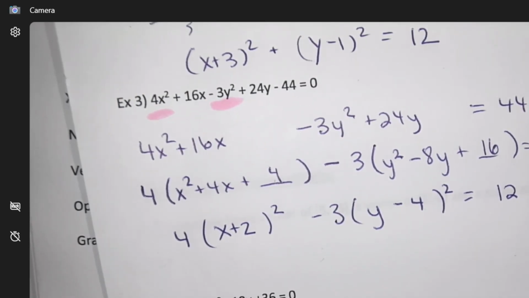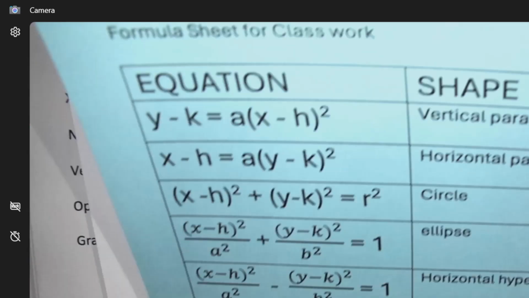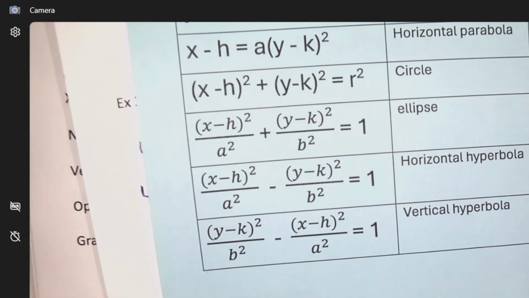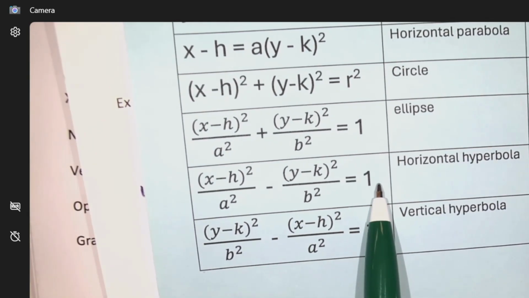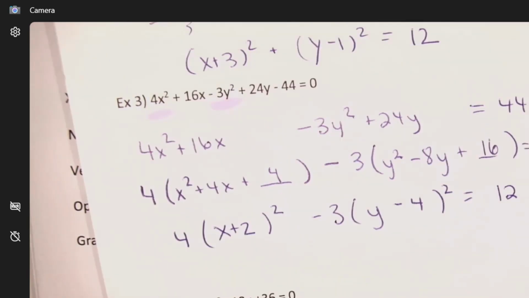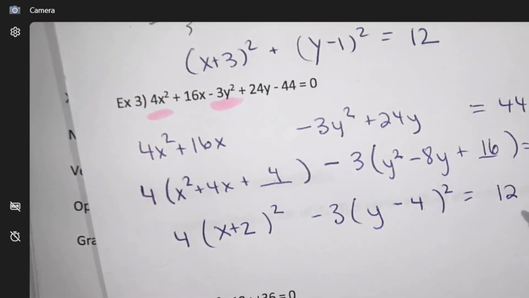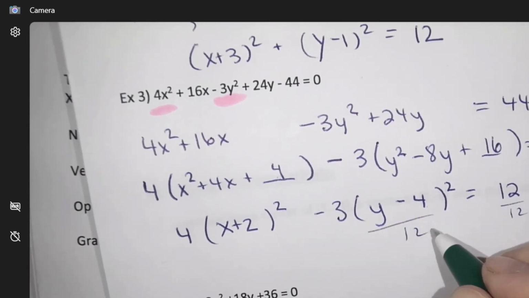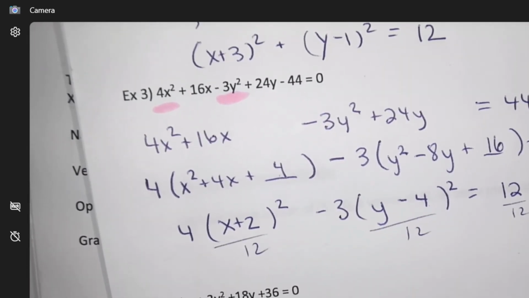Okay, now here's my hyperbola stuff. I need to make it look like a 1. It has to end with a 1 here. So what should I do as my next step if that's what I want my final format to be? I'm going to divide by 12.